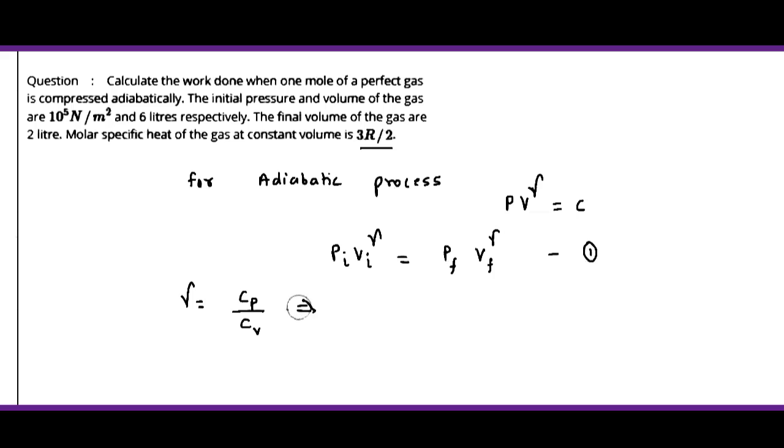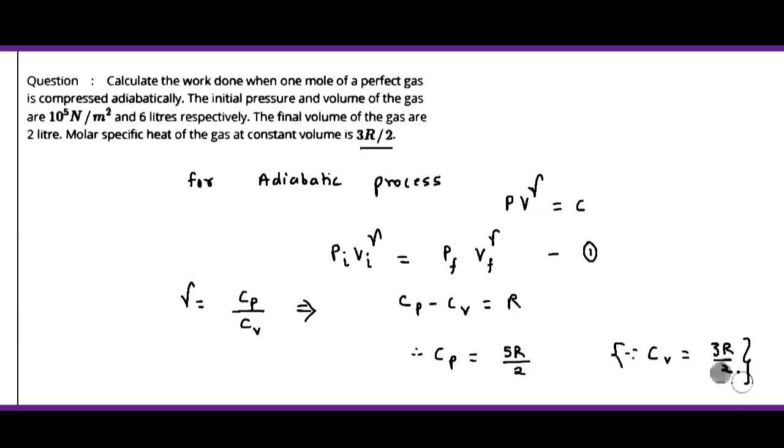So now we can use Mayer's relation that says Cp minus Cv is equal to R. From here we can get the value of Cp. Therefore Cp will be equal to R plus Cv. So it comes out to be 5R by 2, since we have been given molar specific heat at constant volume as 3R by 2. Alright, and this is what Mayer's relation is. So we can keep it as a note over here.